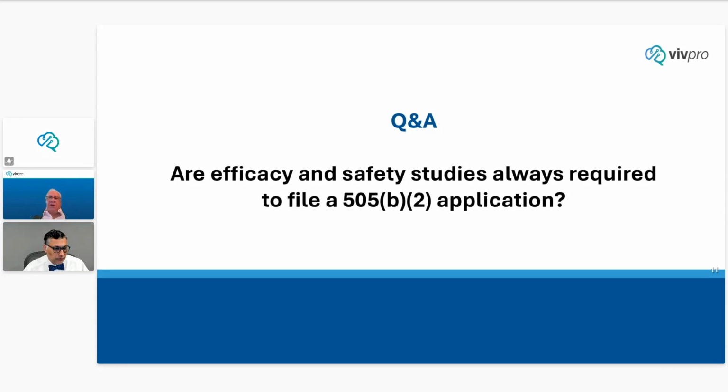I just want to share a historical thought: before the advent of biosimilars, insulin products were approved under 505(b)(2), although it's a biologic, because there was no other regulatory pathway.